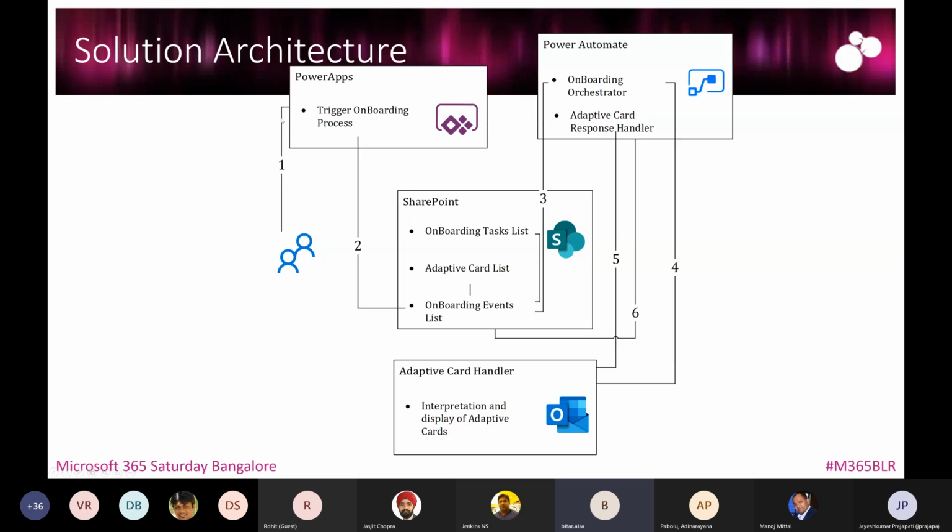So we are here in the first, number one. What the PowerApp is going to do is basically update an onboarding event list. This onboarding event list will trigger our first Power Automate workflow, called onboarding orchestrator, that is triggered whenever my onboarding event list gets modified.